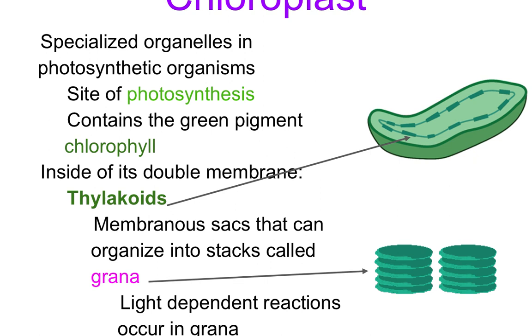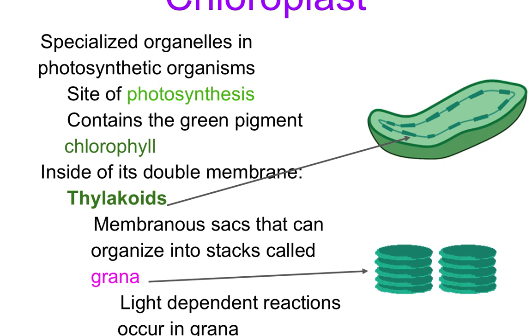The chloroplast, fascinating and specialized on its own. This is a really specialized organelle in that it is part of what makes a photosynthetic organism. It's where photosynthesis happens. It contains the green pigment, chlorophyll, and inside of its double membrane are thylakoid sacs.